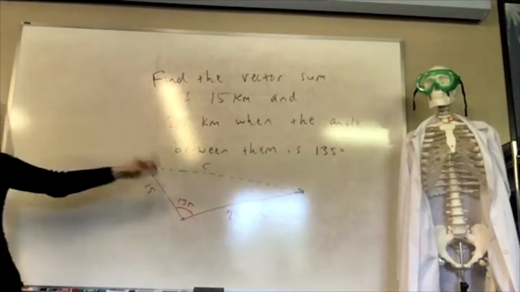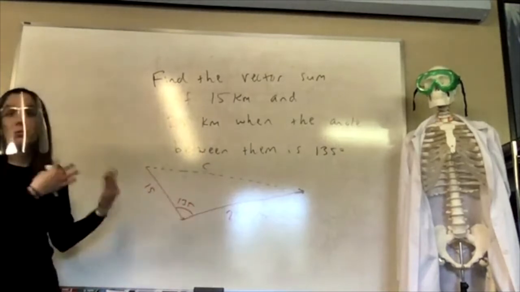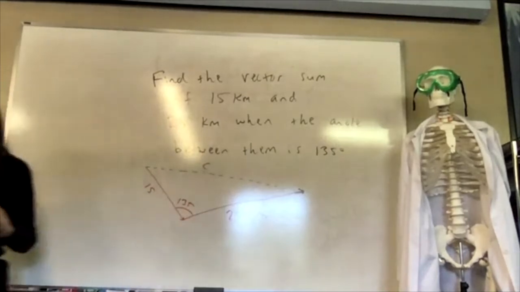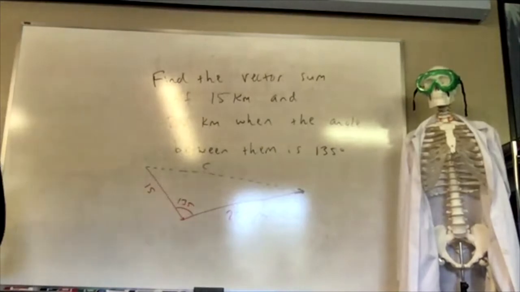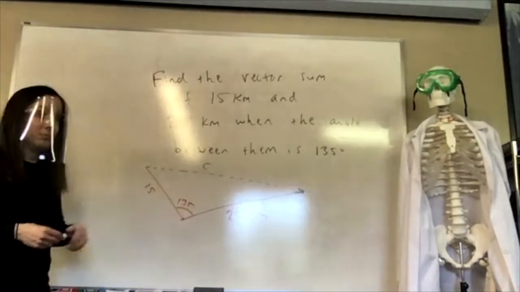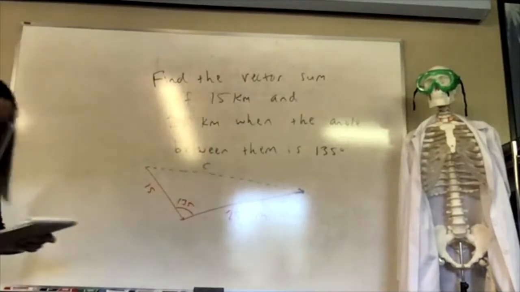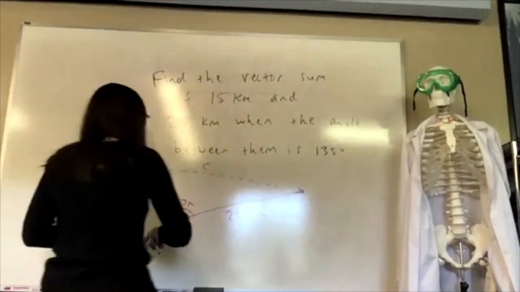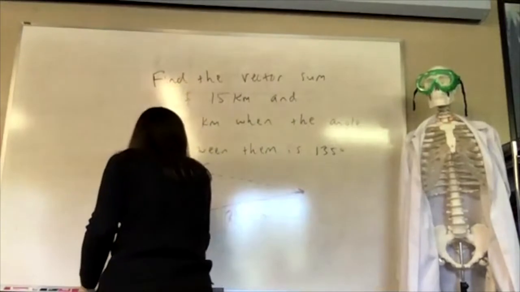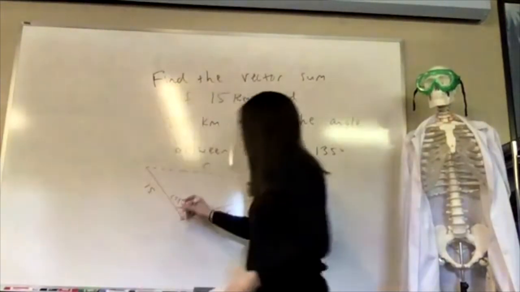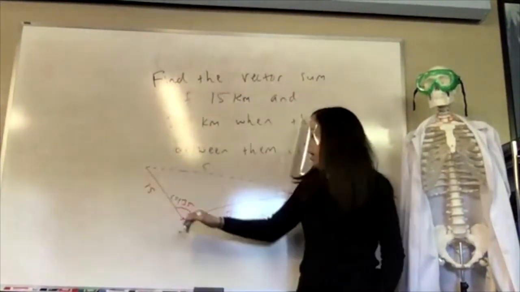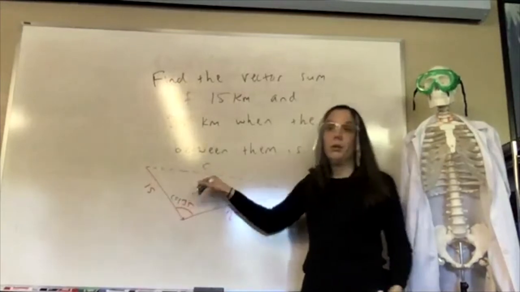Well, if it's not a 90-degree angle, which it's not, we have to use the law of cosines to do this, which you learned about in pre-calc and in this class. So we can use the law of cosines if it's not 90 degrees. Okay, so this is angle C right here. 135 degrees would be angle C because it's the angle opposite our unknown.